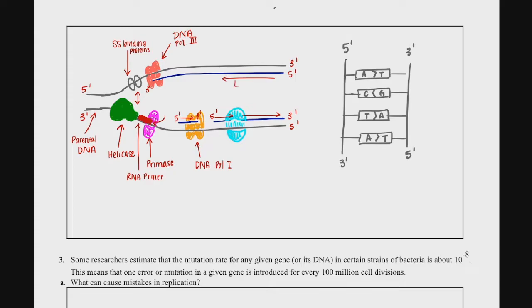This strand that can be synthesized continuously is called the leading strand. This strand with the Okazaki fragments that come in these segments is called the lagging strand.